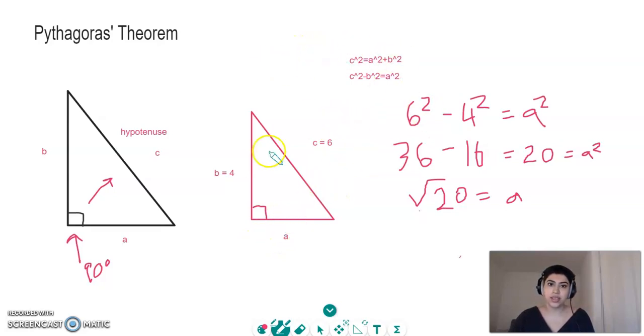So not only can we solve for the longest length using Pythagoras' theorem, if we have the other 2 lengths, we can always use that to find the other one.